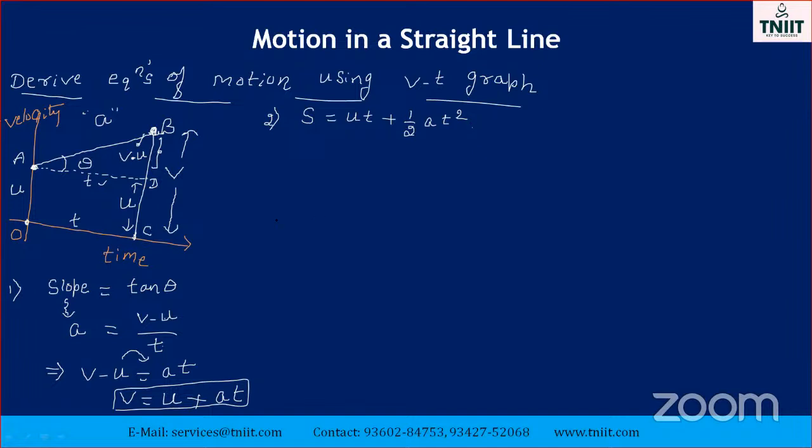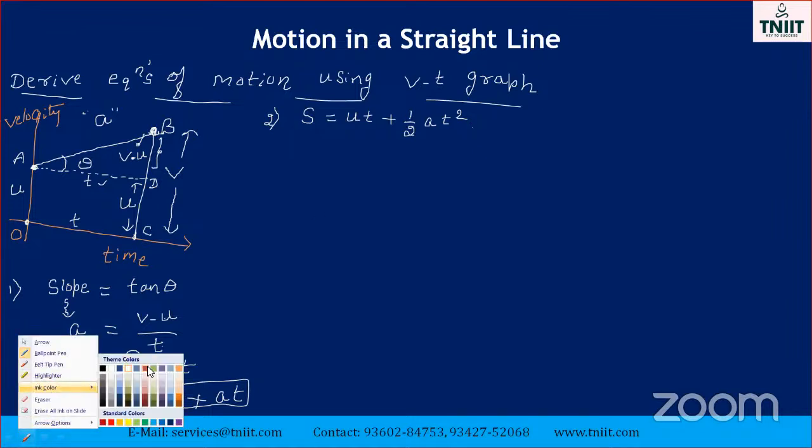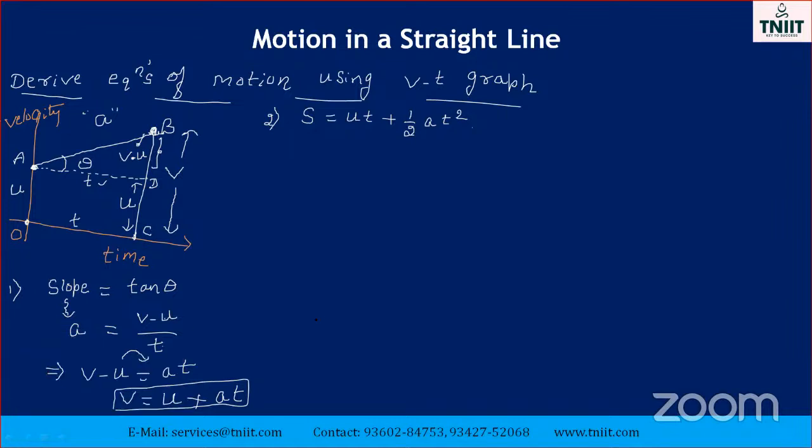For that, you know that the area of the VT graph represents the distance. Distance represents what? Area of the VT graph, isn't it?